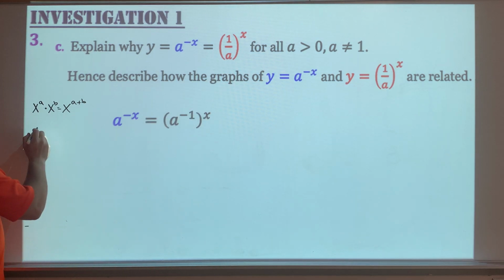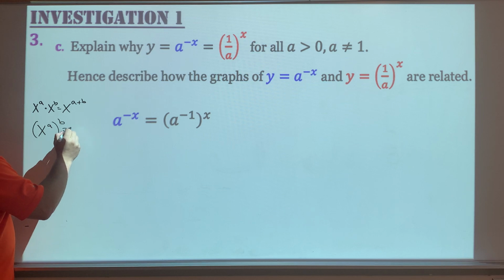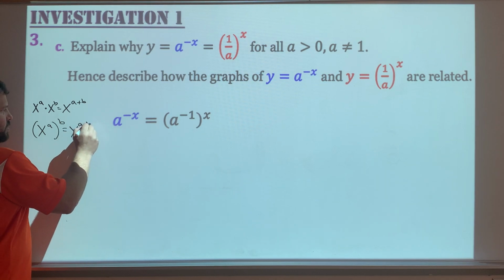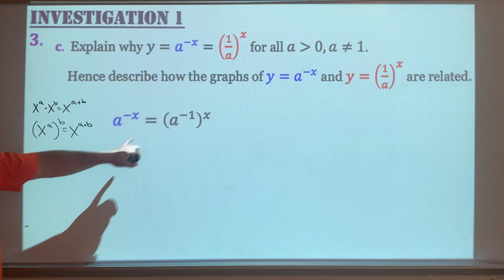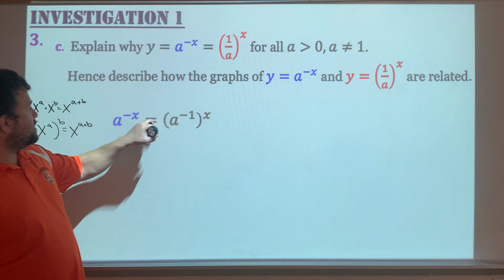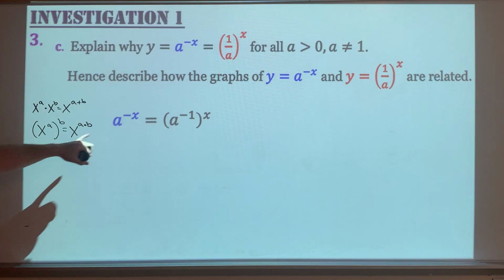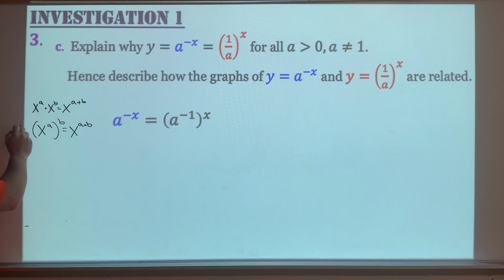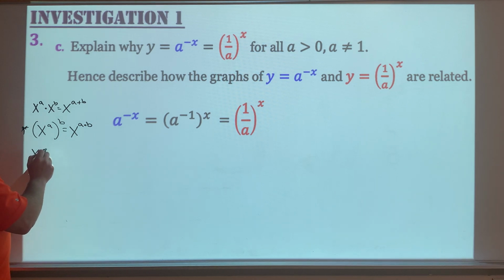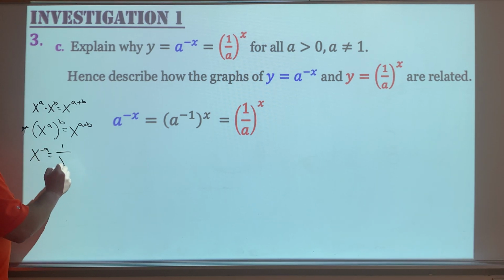This is a power to a power. X to the a, all to the b power, equals x to the a times b. This is just exponent rules. So negative 1 times x gives a to the negative x. You're doing power to a power. A lot of people get these confused. And that's the same as another rule: x to the negative a equals 1 over x to the a.